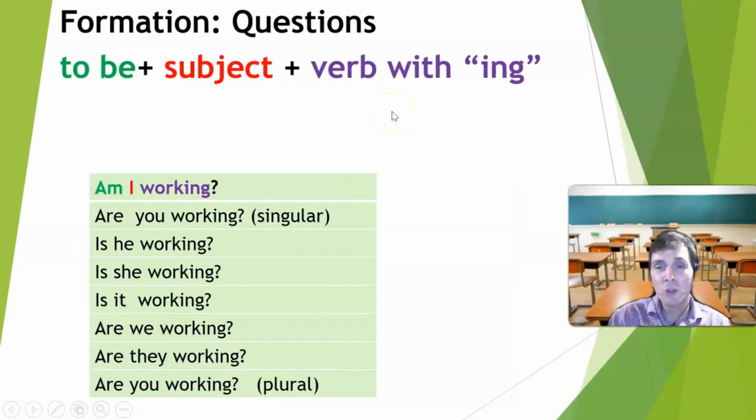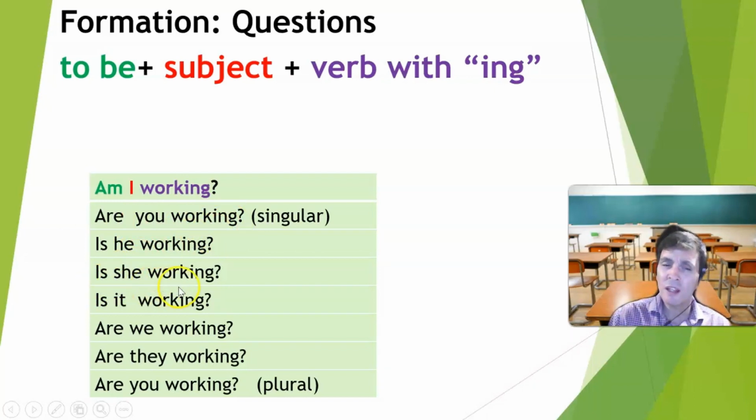Now, when it comes to questions, instead of beginning with the subject first and then the form of to be, we are going to switch these around so that we are going to begin with the form of to be. So for example, we would say, am I working? Are you working? Is he working?